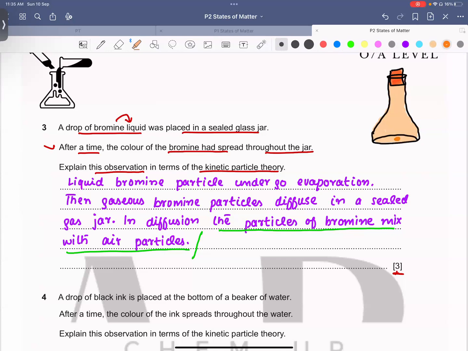Okay, so what I'm going to say over here is that the particles of bromine mix with air particles.